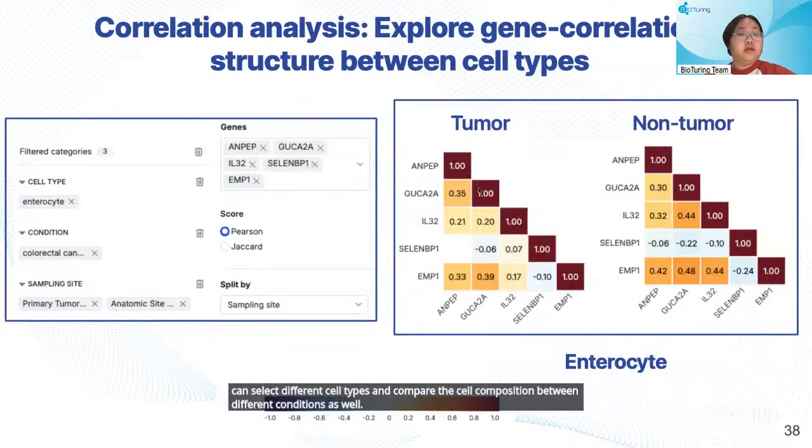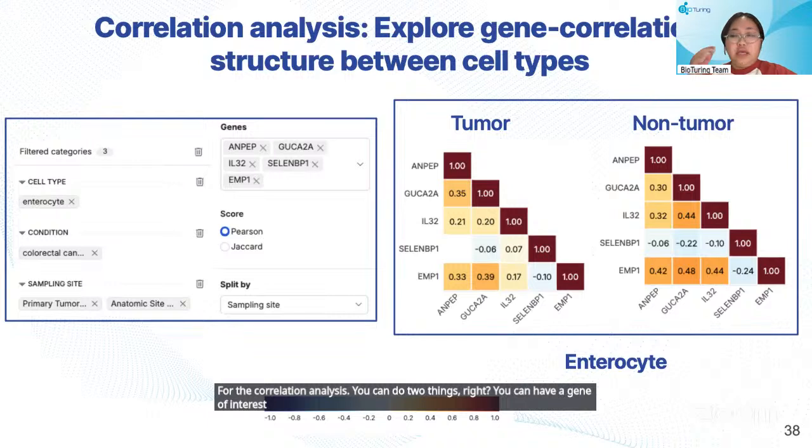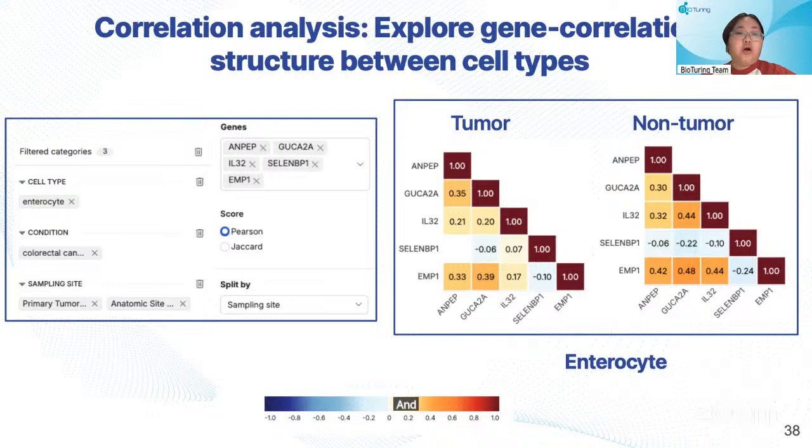For the correlation analysis, you can do two things. You can have a gene of interest, input the gene into the system, and ask what are the top co-expressed genes with your gene of interest in a specific condition. Let's say, what are the top co-expressed genes with PDCD1 in lung cancer.